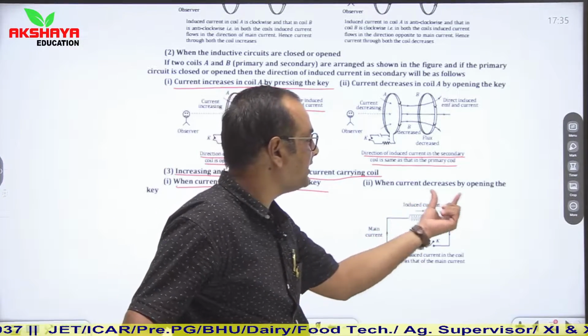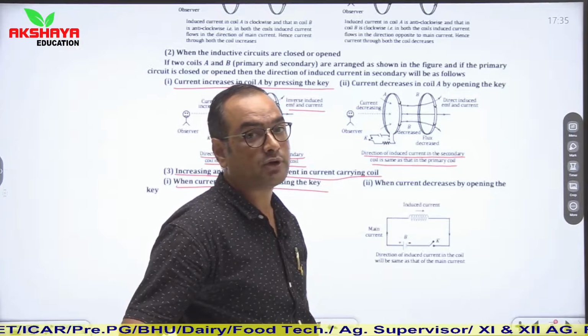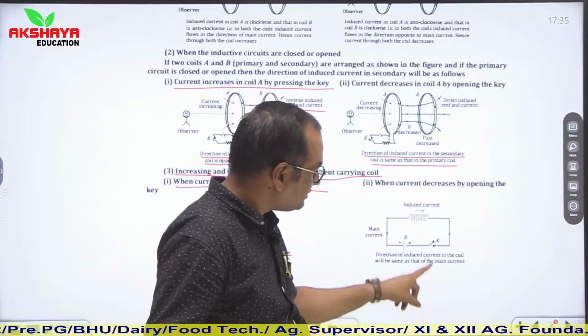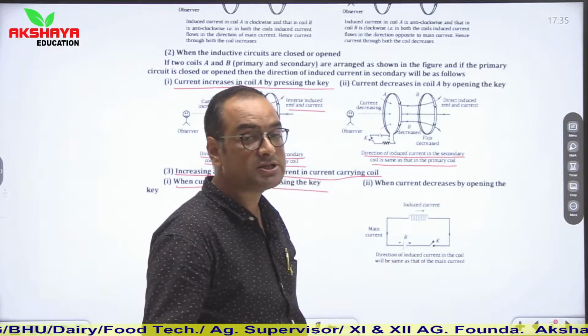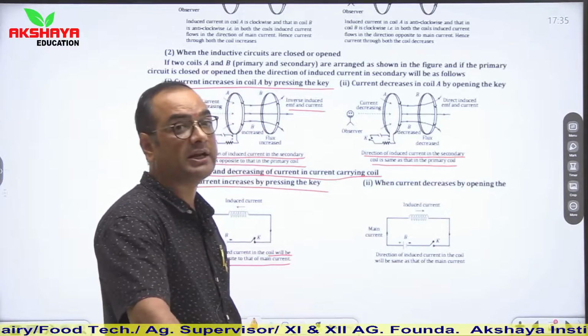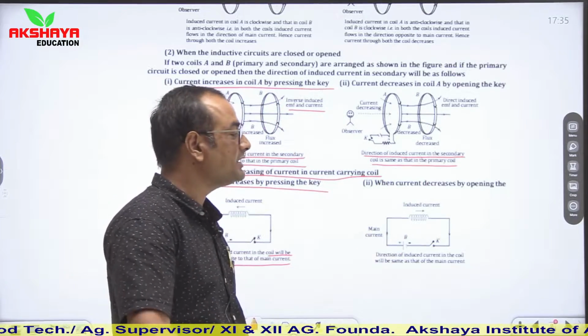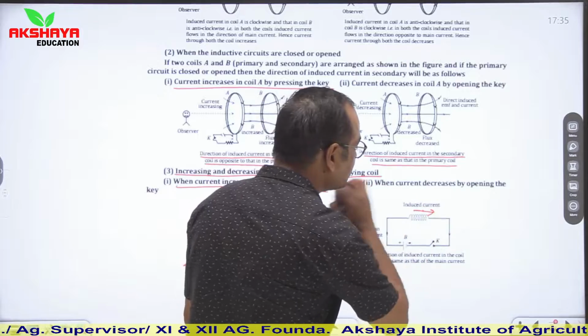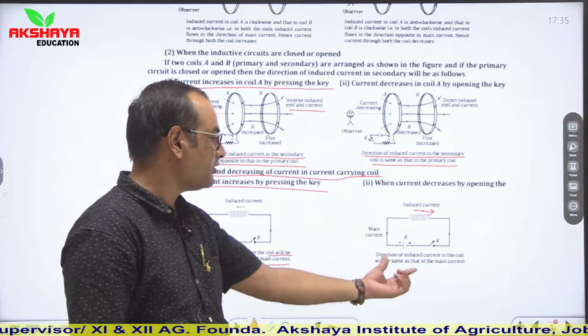In the second case, when current decreases by opening the key, the switch is off, the key is open, then the current reduces, and if current reduces, then the induced current flows in the direction of the main current.